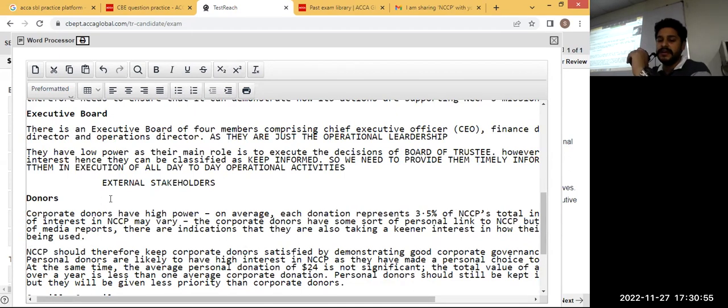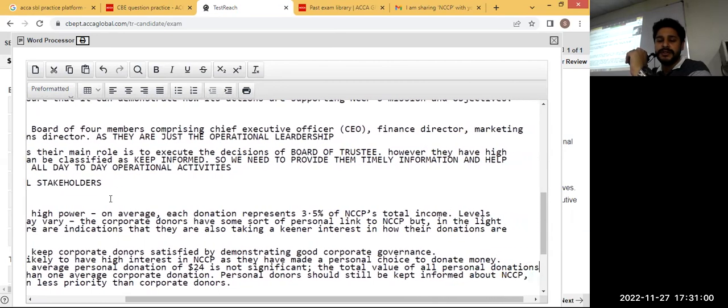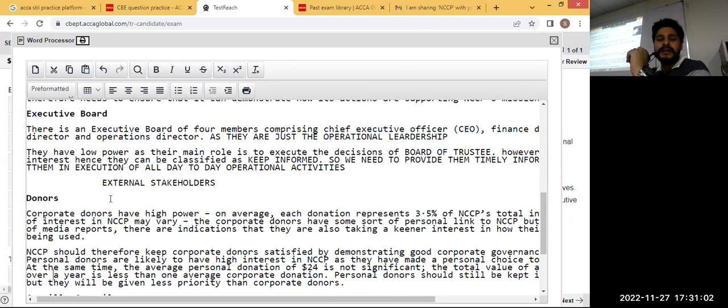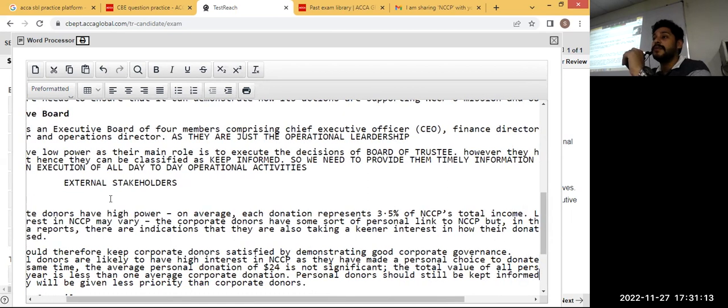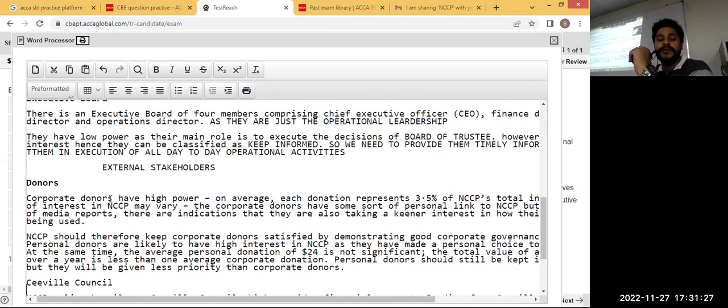The total value of all personal donations over a year is less than one average corporate donation. So they are not the big givers of the company. Personal donors should still be kept informed. So this means we need to keep corporate donors satisfied and keep personal donors informed, but they will be given less priority than corporate donors.